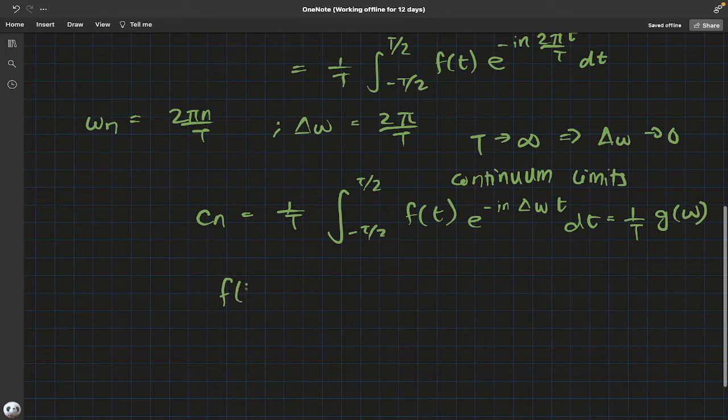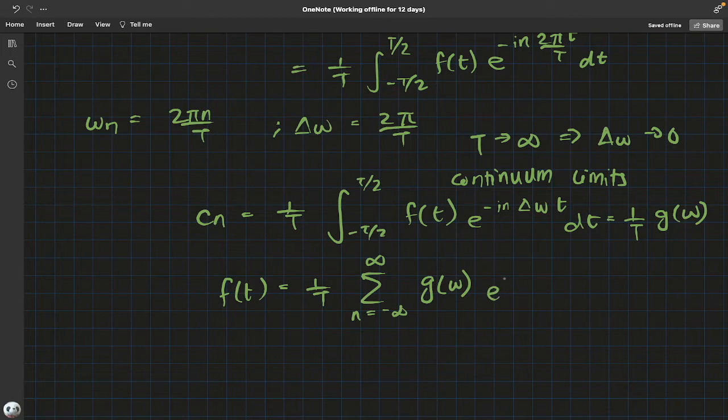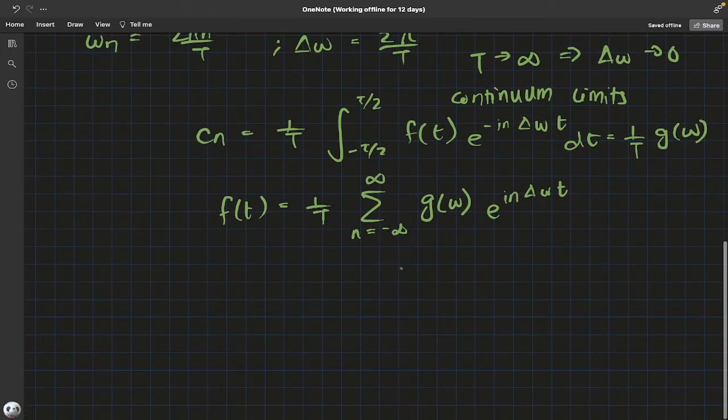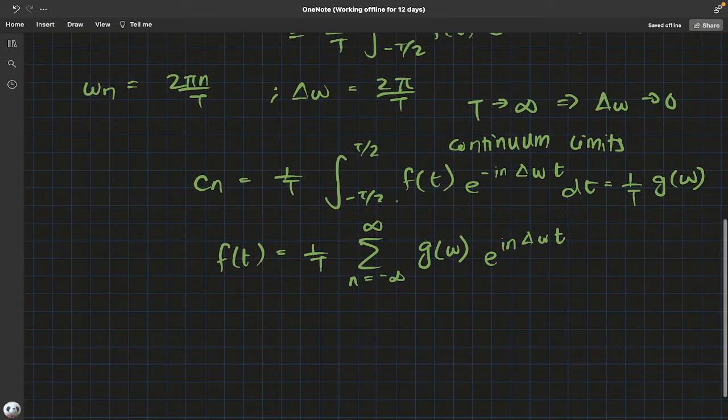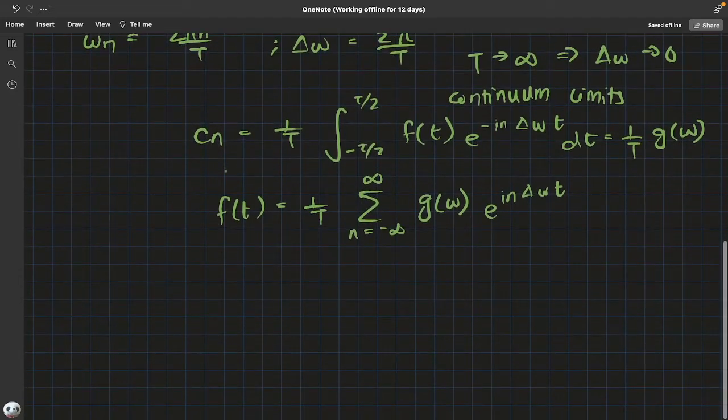Now f of t is the sum from n minus infinity to infinity of 1 over T g of omega e to the i n delta omega t. This is the inverse Fourier transform, or we're just plugging in what we know for the weighting factor by the Fourier series. My bad, we're still working in a series.